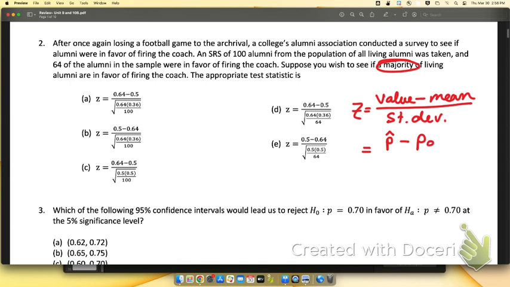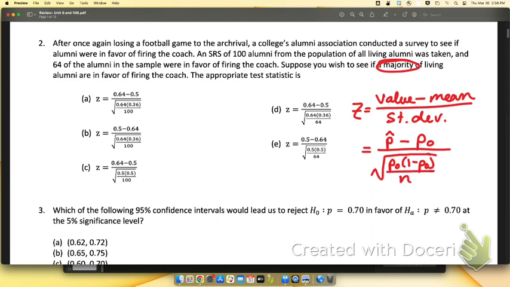So it's going to be the claimed value from the hypothesis, not the population. And then we're going to divide by the standard deviation of the hypothesized distribution. So that would be the square root of P naught times 1 minus P naught divided by the sample size.